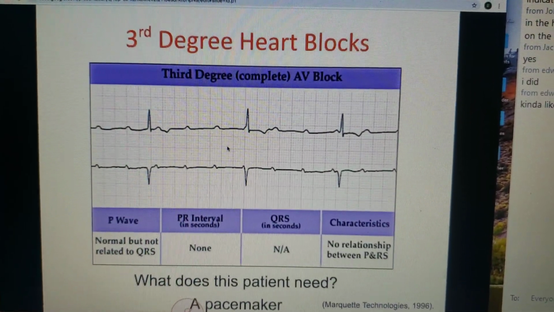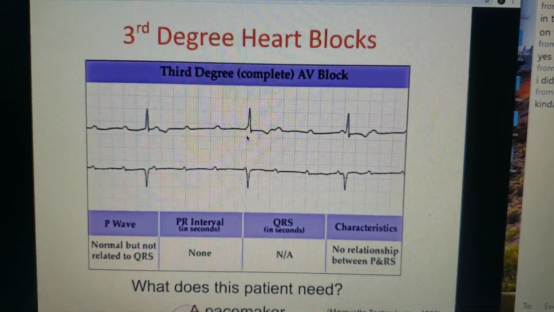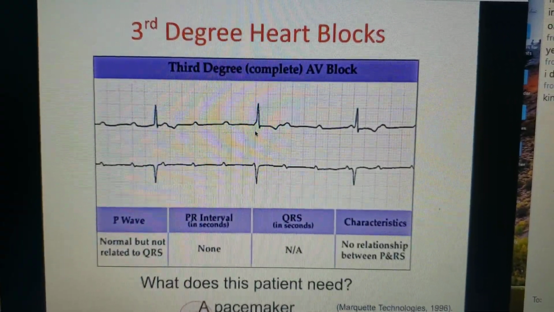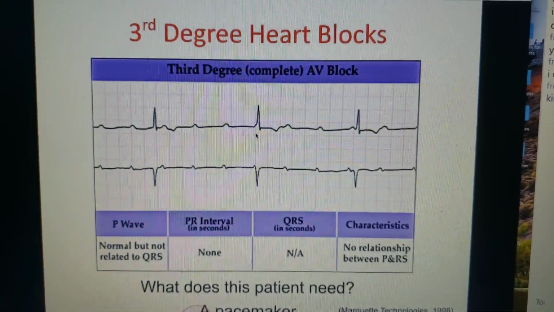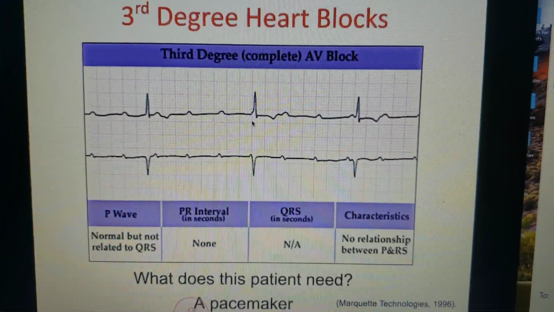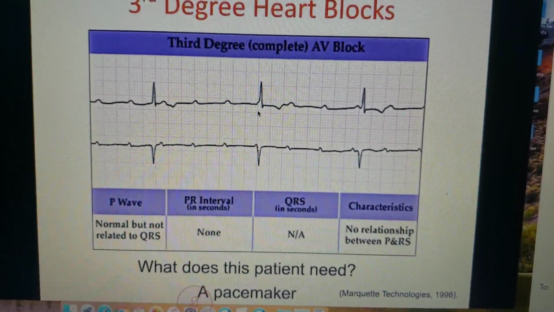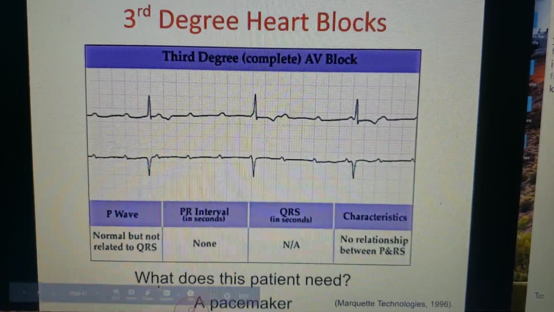No. At some point that rate of 30 is going to slow down even farther, and then we're going to end up having somebody go into cardiac arrest. So they put a pacemaker in so that they can start regulating, and now they have mechanical help. Hey, we're going to do this for you since you can't do it now, and so the pacemaker actually sends the signal, and now we've got everybody communicating with each other again. So they need the pacemaker.